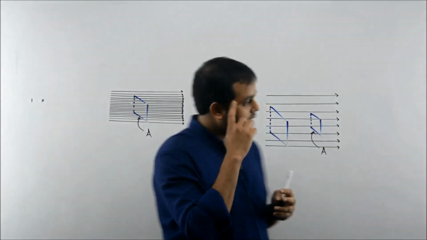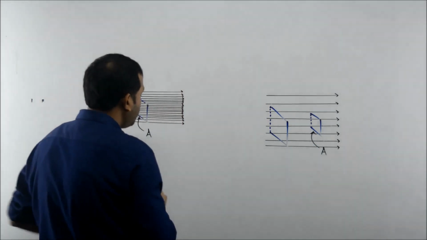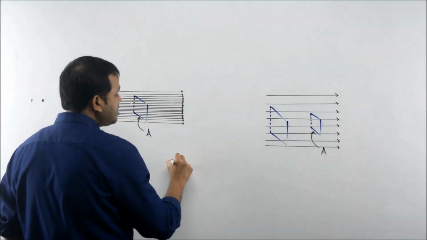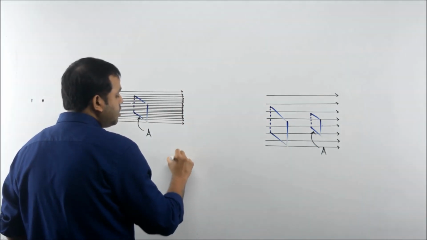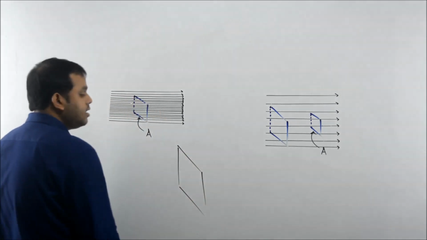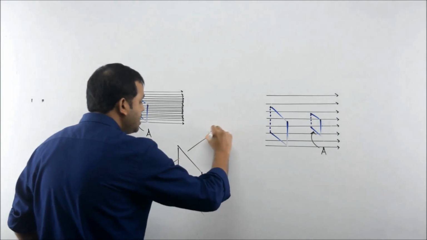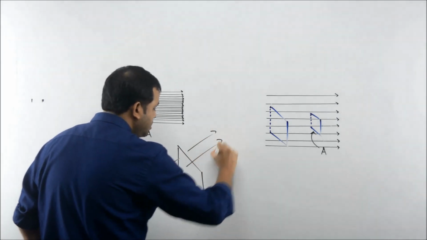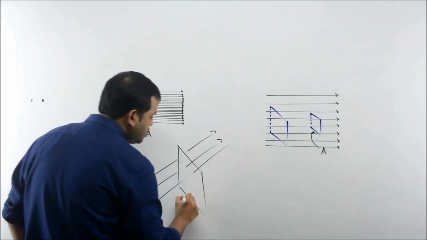Clear, students? Now let us see one more thing. Let us consider that this is a planar area and this time electric field is not passing normally.